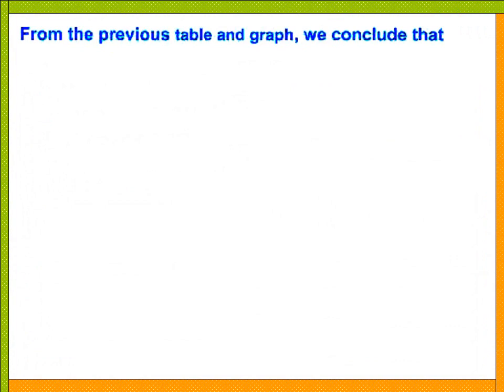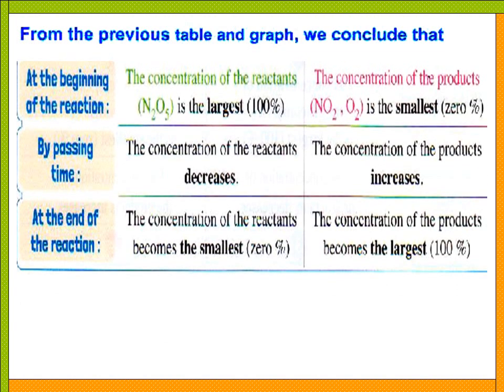From the previous graph we conclude that the concentration of reactant N2O5 starts at 100 and decreases within time, and at the end will be 0. The products NO2 and O2 start at 0 and increase by time, and at the end of time the product will be at the largest or highest percentage.